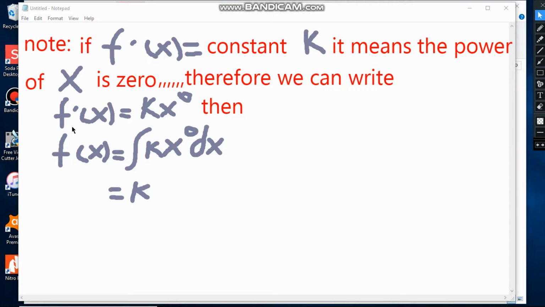So in example number 1 in this class, we saw f dash of x is equal to 6. I don't place x raised to 0 because x raised to 0 is 1. So here I want to show how others can consider x raised to 0 in order to use the general formula of integration.